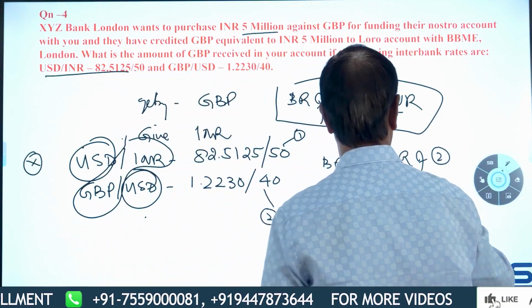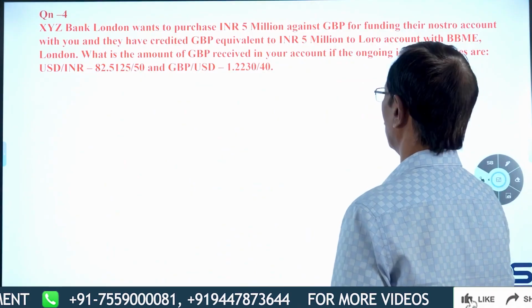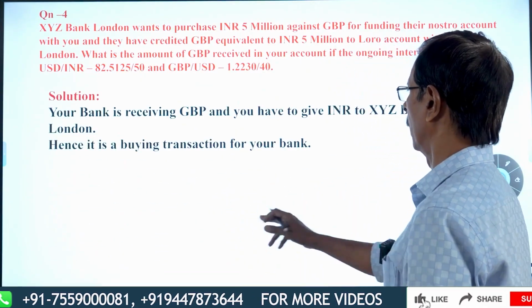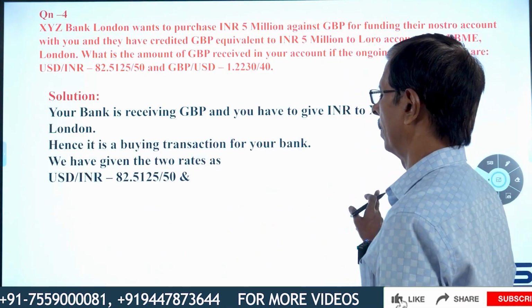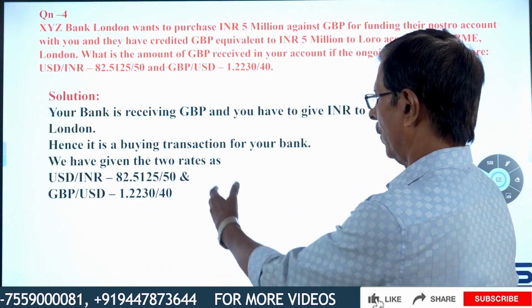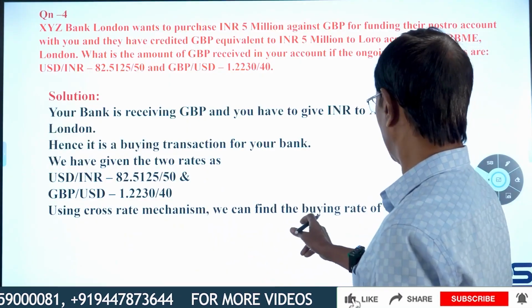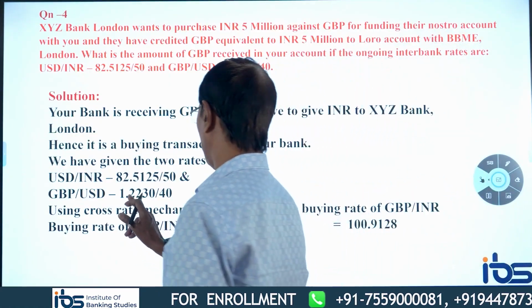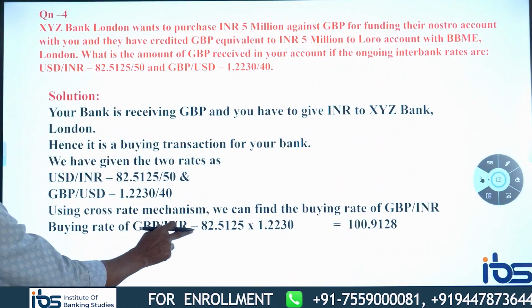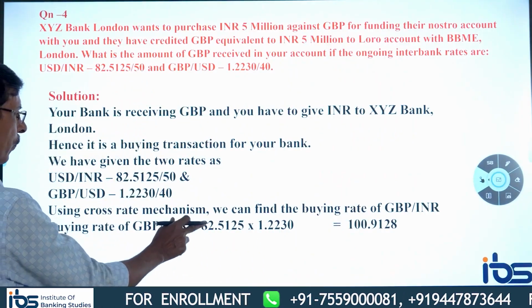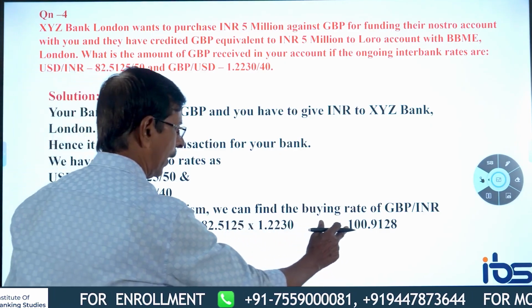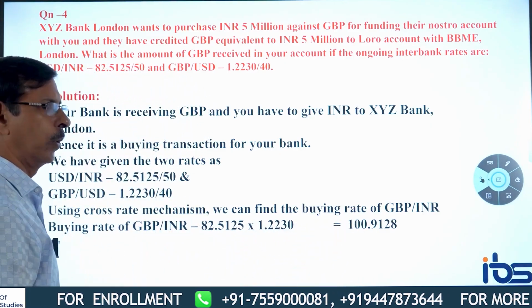I have done it for you to save time. Using the cross rate mechanism we find GBP INR. The buying rate of GBP INR is 82.5125 into 1.2230, and when you multiply, you will get 100.9128.